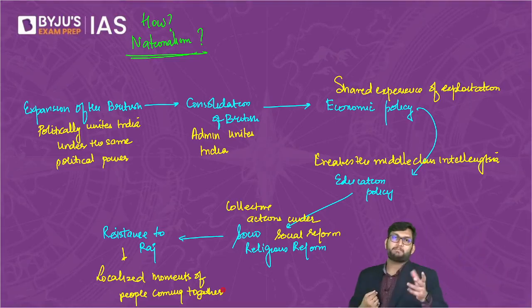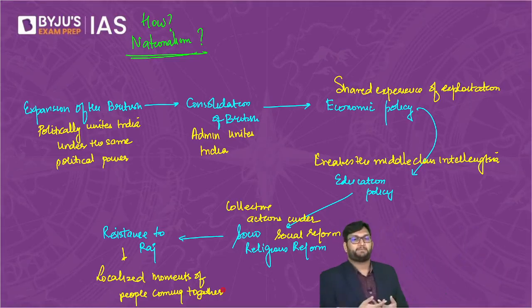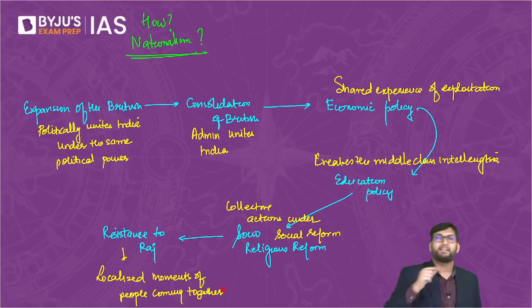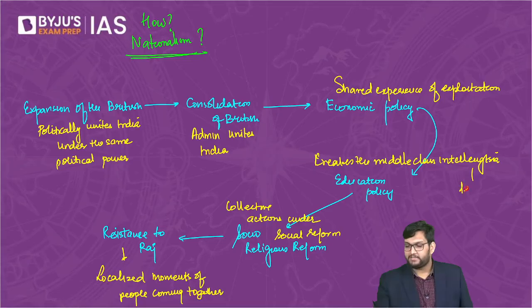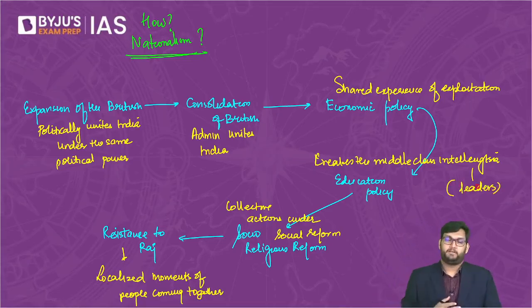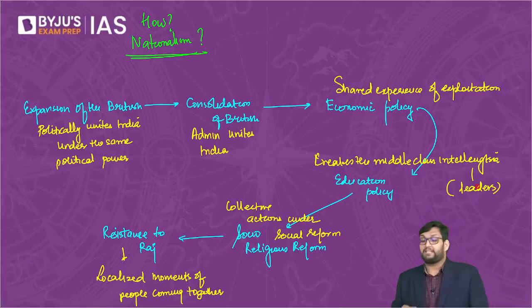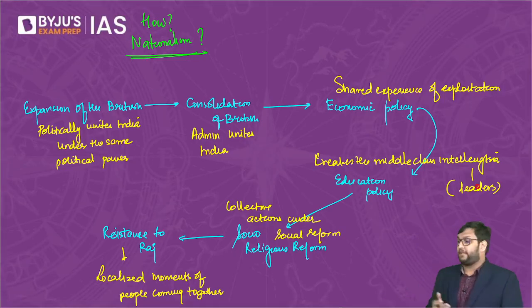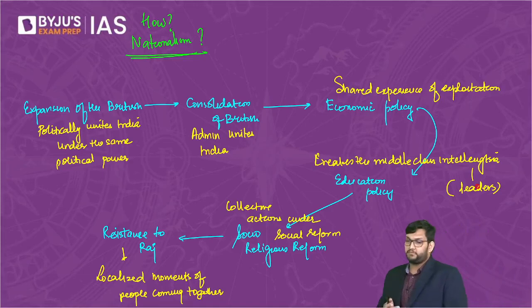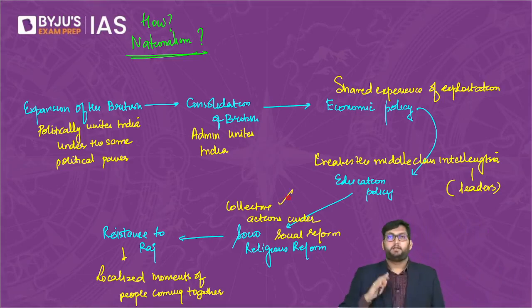But this exploitation needed an expression. That expression will be created by the middle class intelligentsia, because they will be the leaders. They will be the leaders who will actually take the movement forward. But you will say, sir, if there is shared experience, then where can we see that it is manifesting itself? It is manifesting itself first, for the first time, in the social. In a way, we all agreed that widows should be remarried.